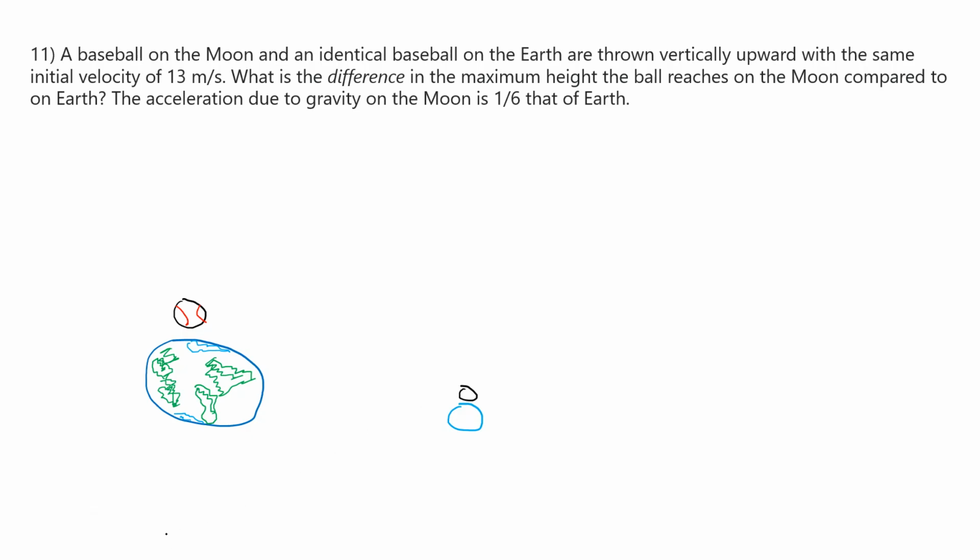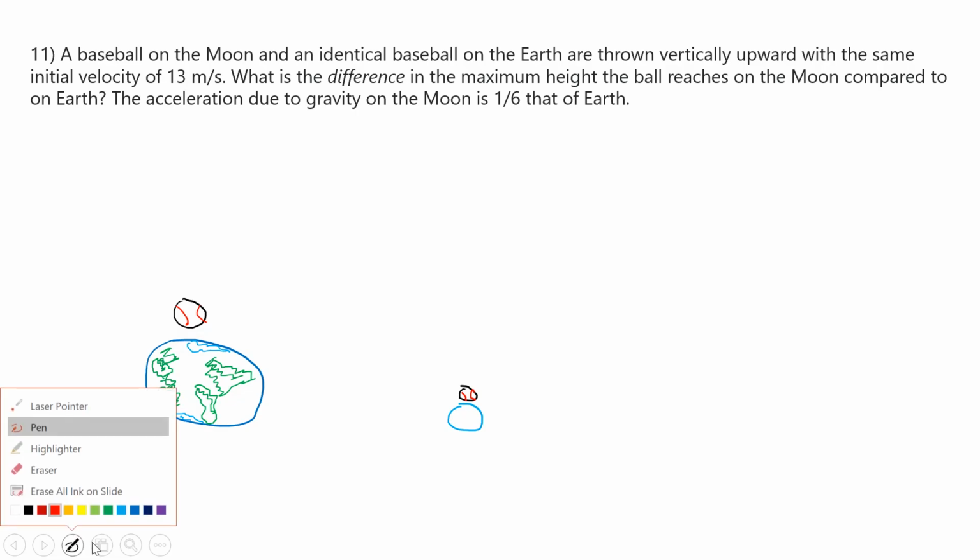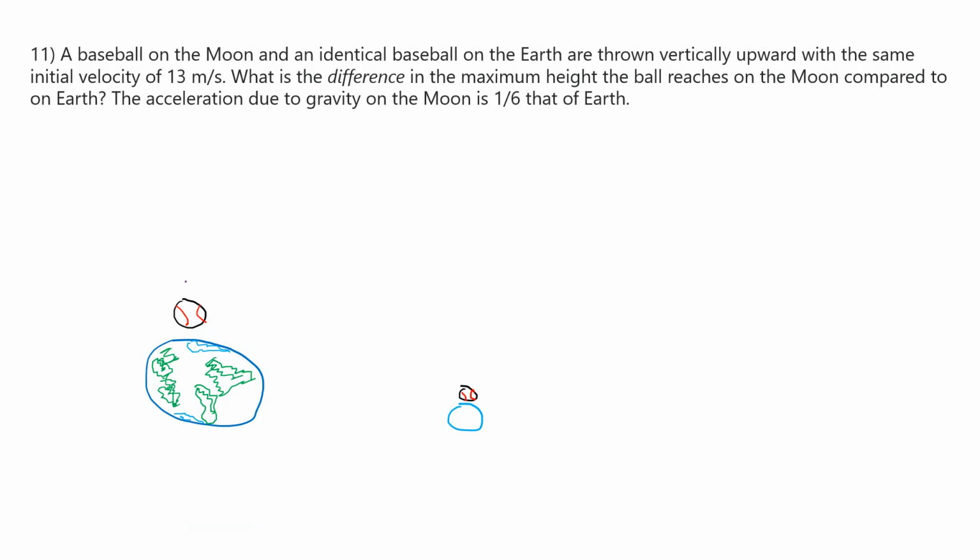Now, the baseball is not proportional, that's a really big baseball if you compare that to the size of Earth. But we throw them straight up in the air. And this one has a velocity in the y direction. So we'll say v sub y 0 is equal to 13 meters per second. And then this one has the same thing over here. V sub y 0 equals 13 meters per second.